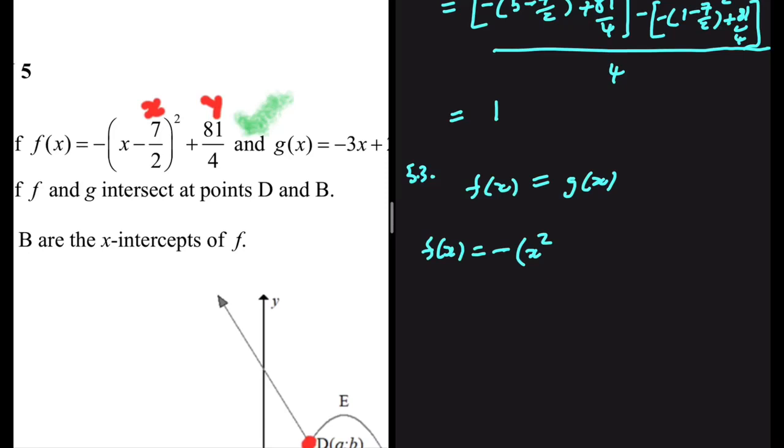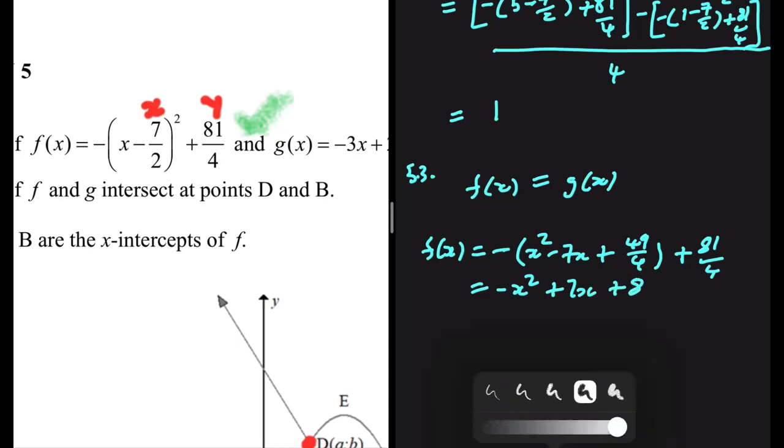You multiply that by 2, you get minus 7x. And then on the other hand, minus 7 divided by 2 squared will be just 49 divided by 4, plus 81 divided by 4. If we multiply out, we're going to get minus x squared plus 7x plus 8. So this is our f of x.